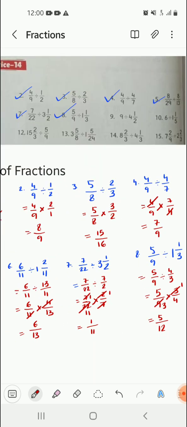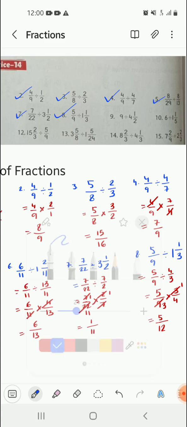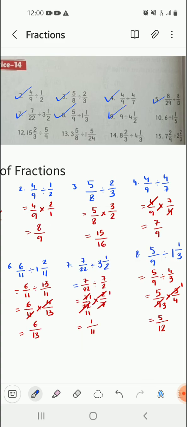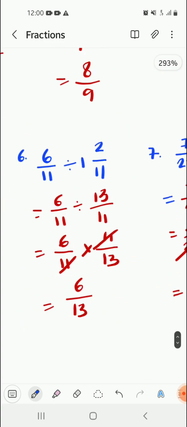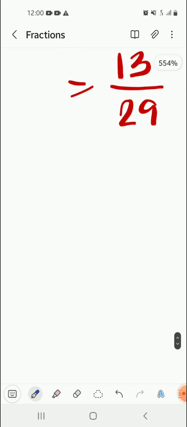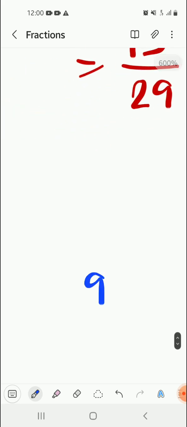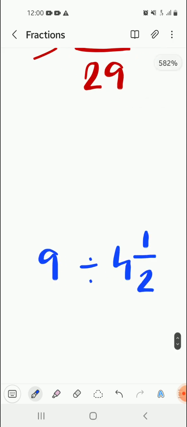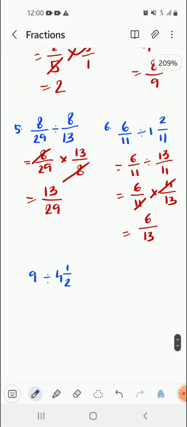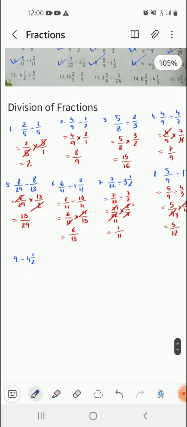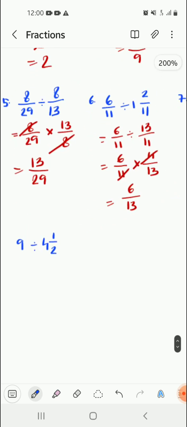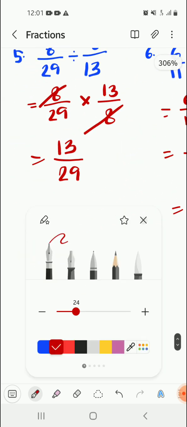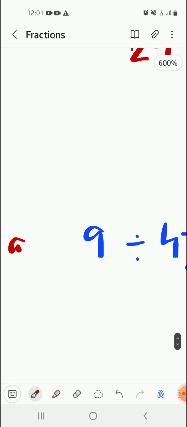That's it. Moving on, number 9. 9 divided by 4 1 by 2. Now over here, the first step will be to convert the next fraction.